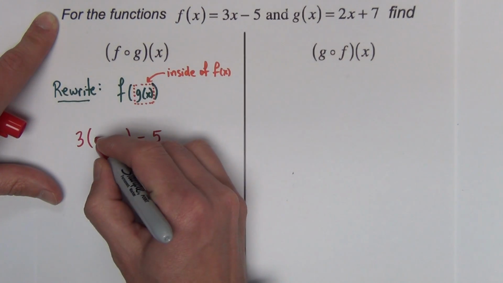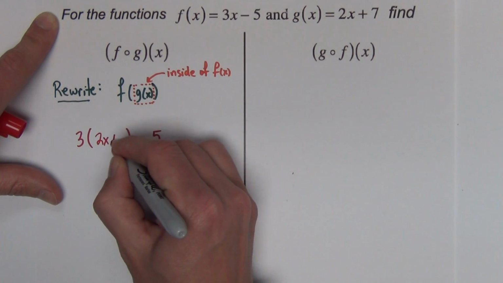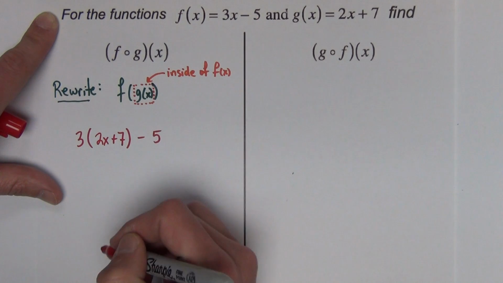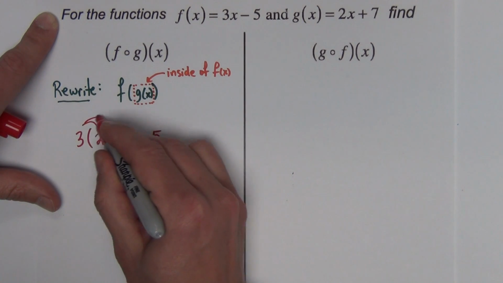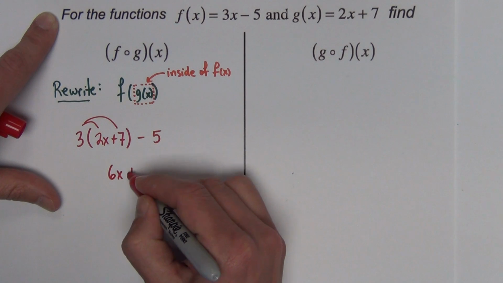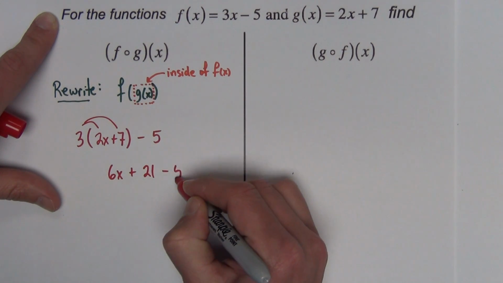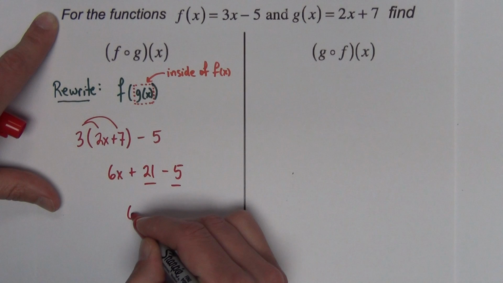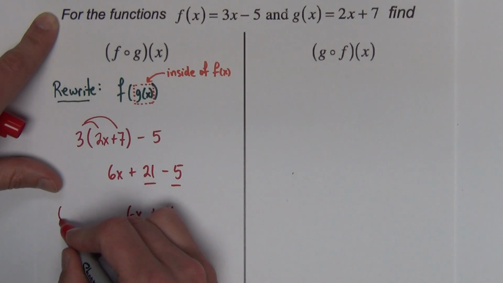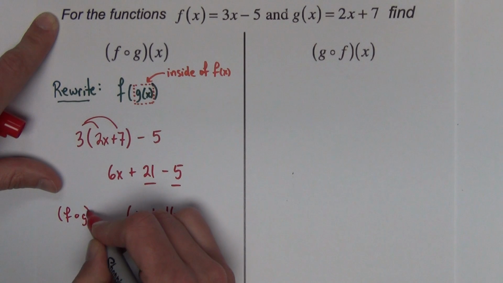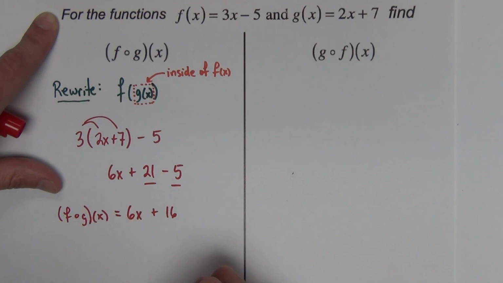So it would read 3 times the quantity 2x plus 7 minus 5. And now we just need to simplify this. So this distributes to give 6x plus 21 minus 5. Combine the like terms, we get 6x plus 16. That is f of g of x.